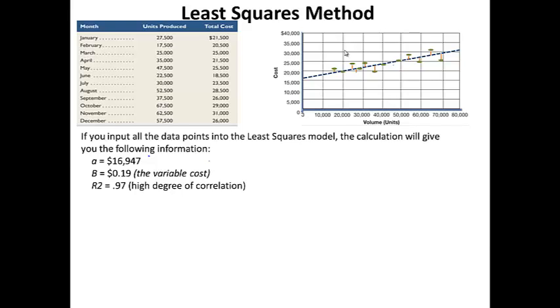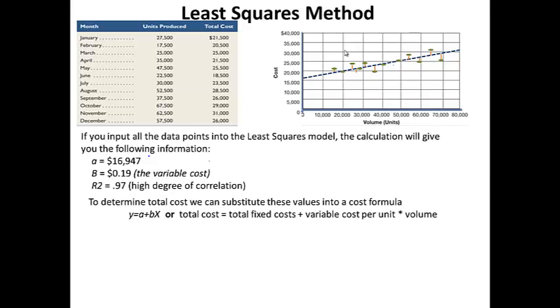It also calculates B, our variable cost, and that happens to be 19 cents per unit. And then our R calculation, which shouldn't be R2, it should simply say R, is 0.97, which tells us there's a very high degree of correlation. So the information has a high degree of correlation validity.